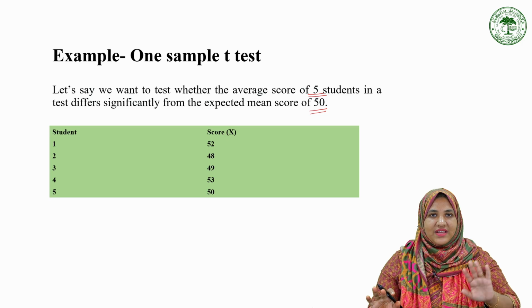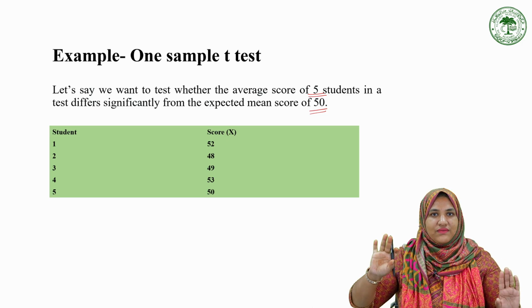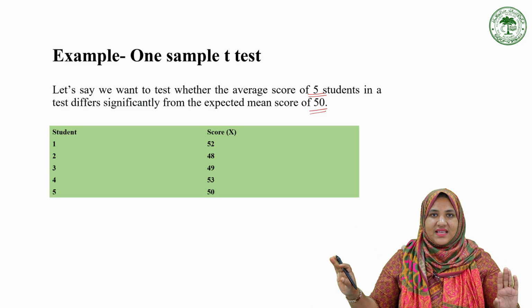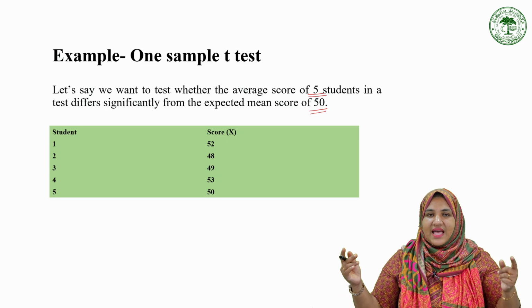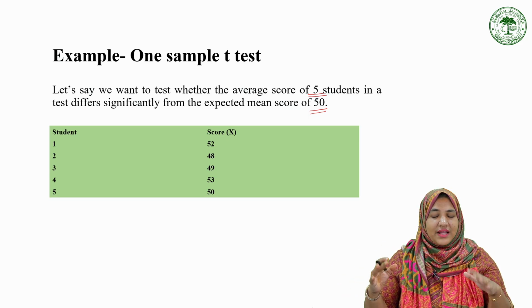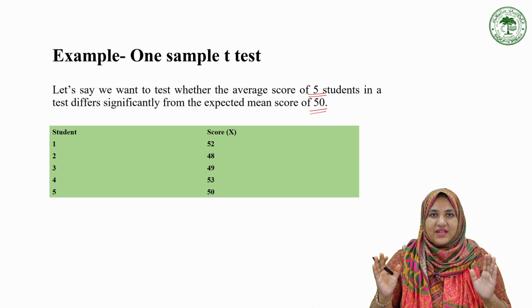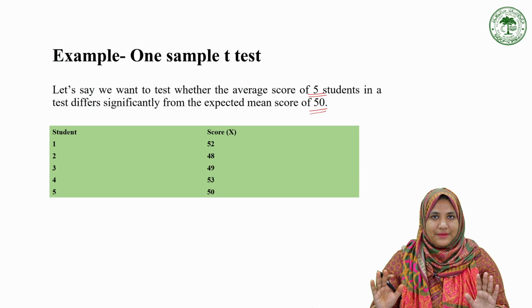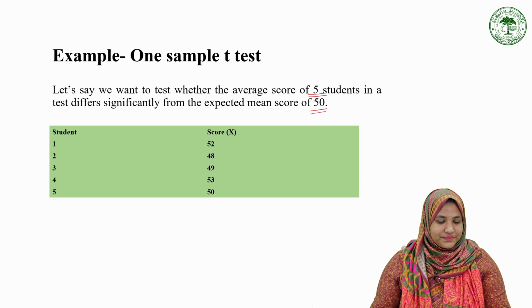Okay, so here the scores of the students are on one side, and 50, the expected score, is on the other side, and we are trying to analyze whether there is a significant difference between these two. Clear? That is the statement of the problem. Okay. Students 1, 2, 3, 4, 5.